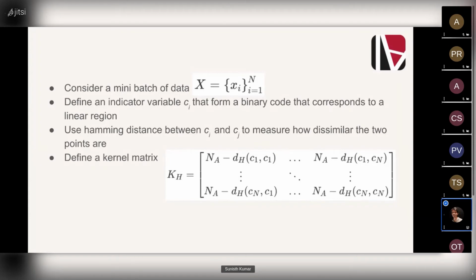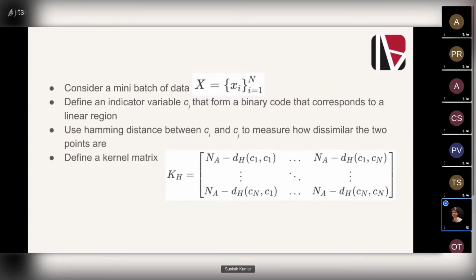Now, let's see this. If we consider a minibatch of data X and a network, we can define an indicator variable Ci that forms a binary code that corresponds to a linear region. We use the Hamming distance between two data points, represented by dh, to measure how dissimilar the two points are.